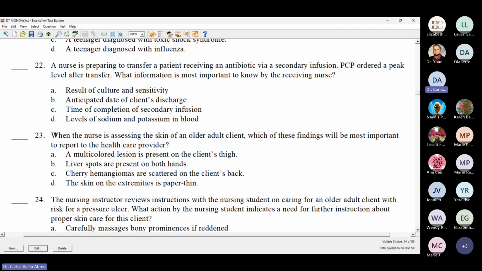A nurse is preparing to transfer a patient receiving an antibiotic via a secondary infusion. Remember that secondary infusion is what we do when we have a piggyback. The primary infusion is the normal saline, the IV fluid, while the secondary infusion is the antibiotic or any medication that is going to pass in a short period of time. In this case, an antibiotic.